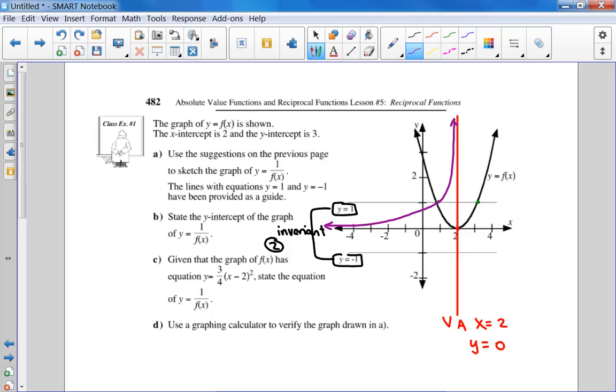When I talk about increase and decrease, I mean what's happening as x goes to the right. As x goes to the right, if your graph goes up, you increase. If it goes down, you decrease as x goes to the right. So from x2 to 3, it's increasing. So we should be decreasing. So the only thing you could do is draw this way.